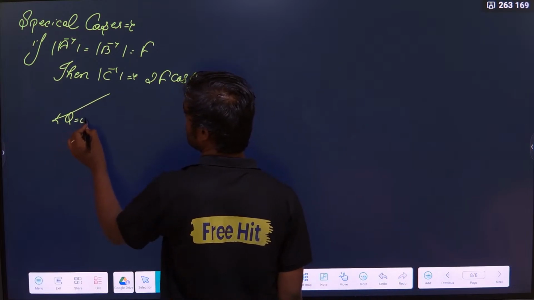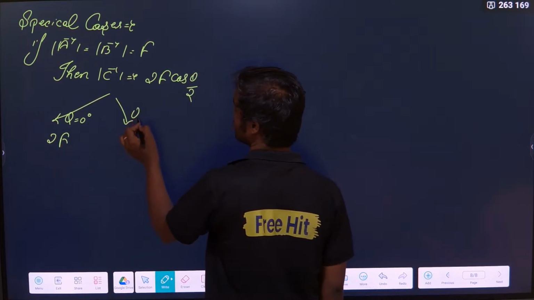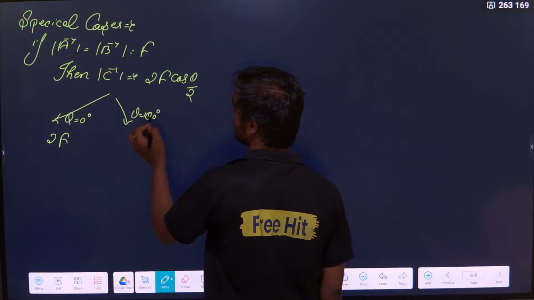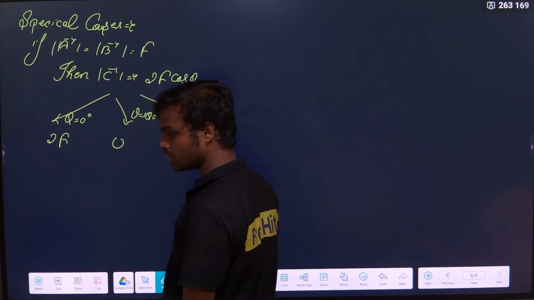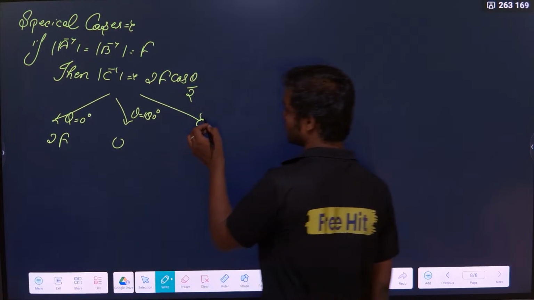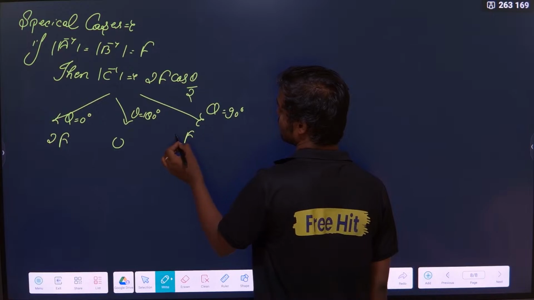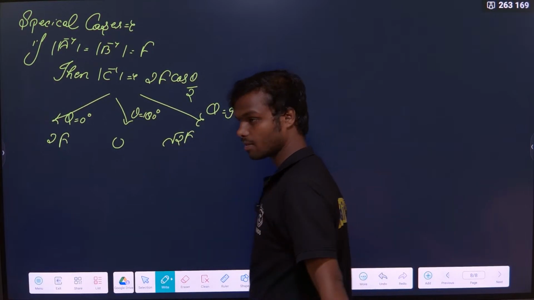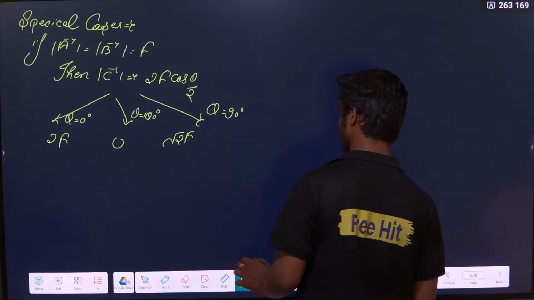When theta is equal to 0 degree, that is 2F. Second case, when theta is equal to 180 degree, that is 0. And third case, when theta is equal to 90 degree, that is root 2 F. Correct? So these are some important cases.